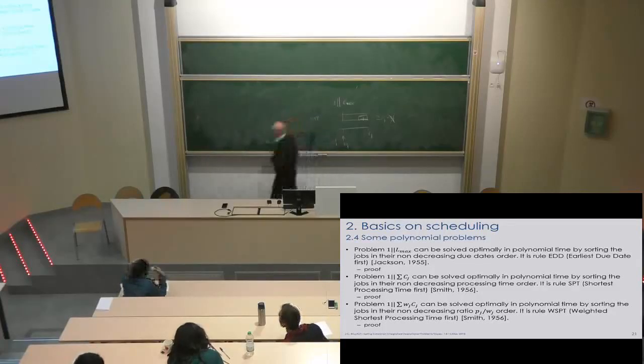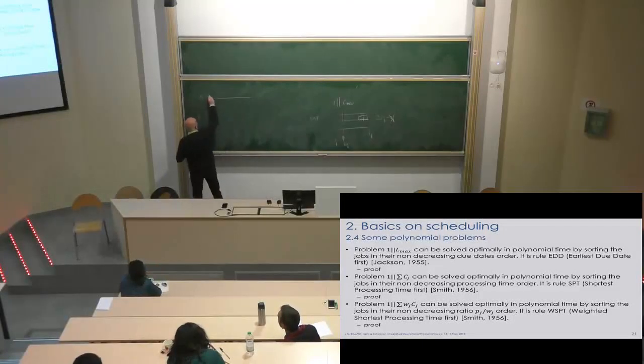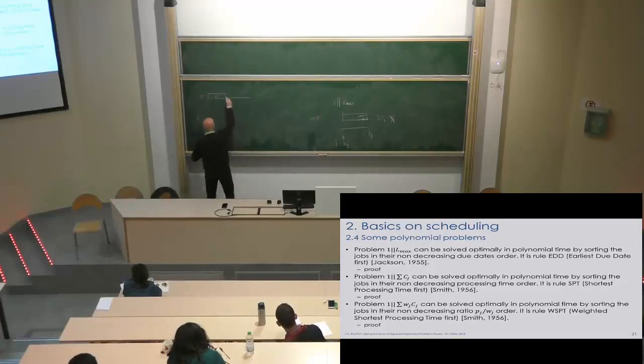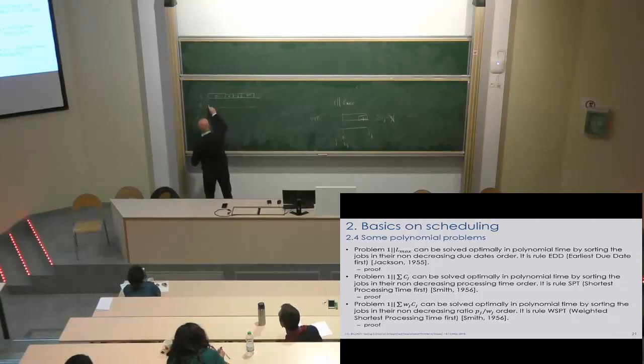You consider a schedule, a very simple example, with a partial sequence sigma, a job i, a job j, and a partial sequence pi. Then you consider a schedule S prime, which is exactly the same, but you switch i and j. So you have the sequence sigma, j, i, and pi.